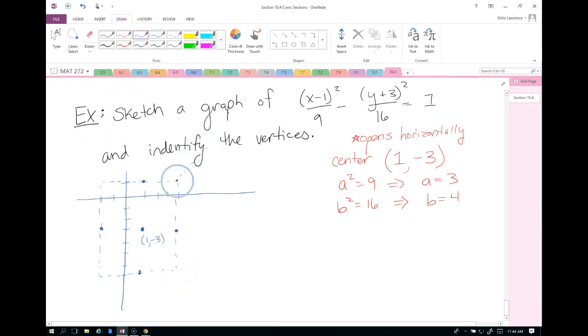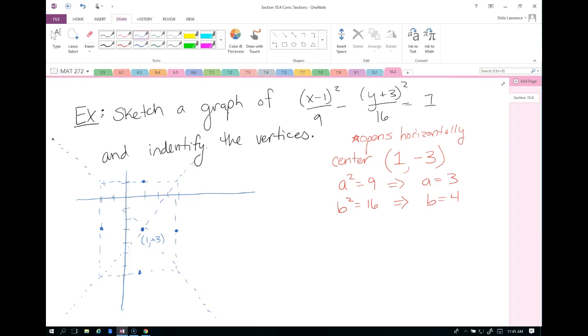And then we draw diagonals through that box. None of this so far is actually part of our hyperbola graph. This is all just preliminary work so that we can draw an accurate hyperbola graph.